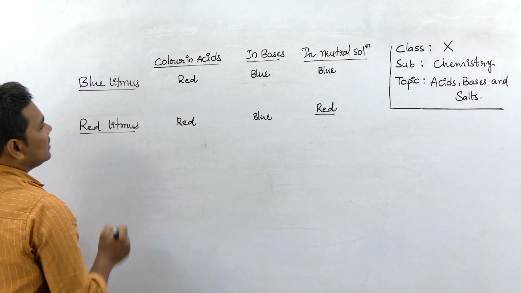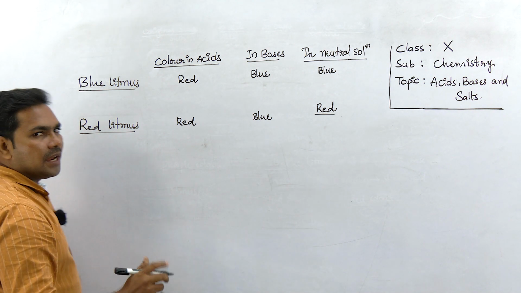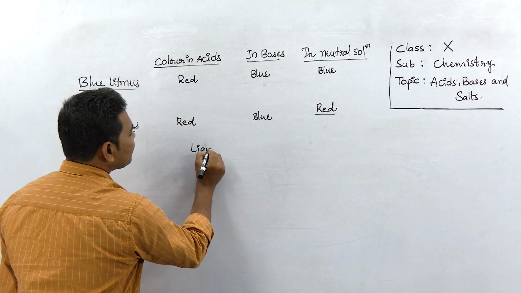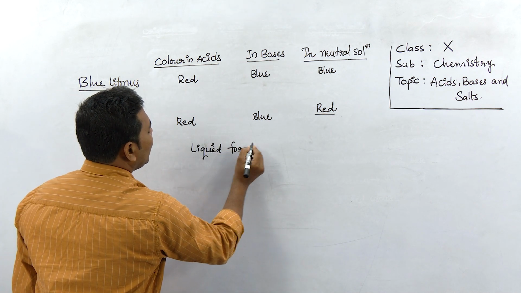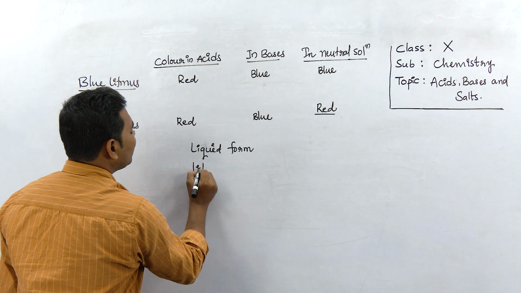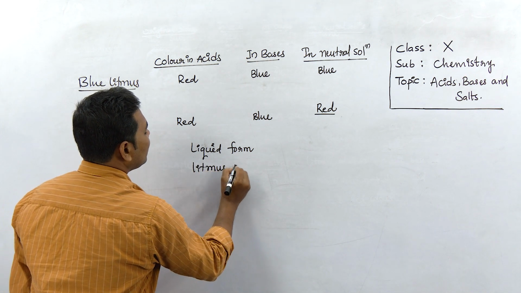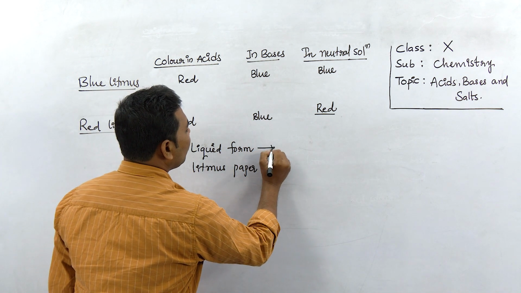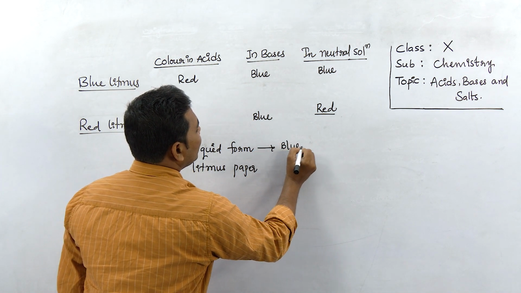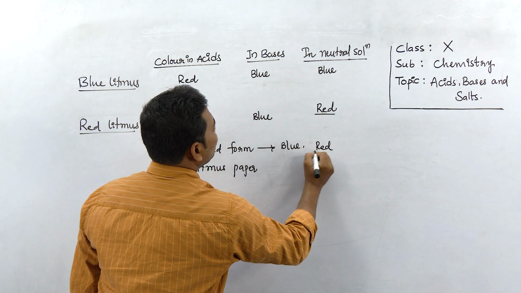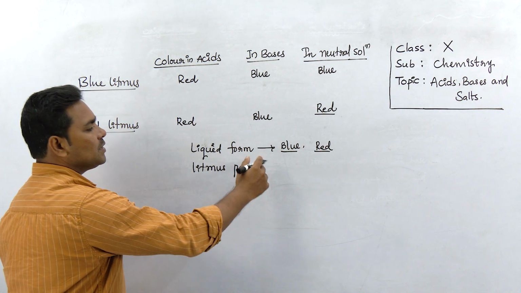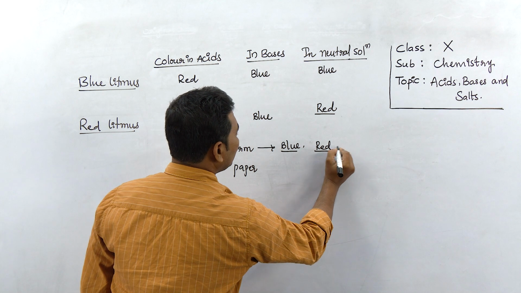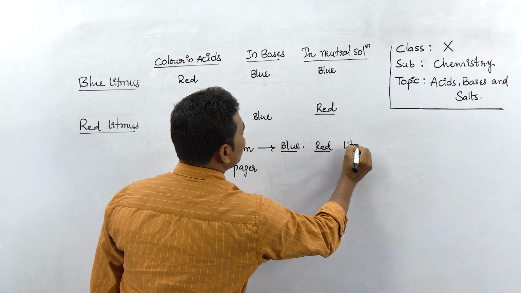Now, this litmus is available in two forms. It is available in liquid form, and also in the form of litmus paper. In liquid form, we have two colored liquids: blue litmus solution and red litmus solution.